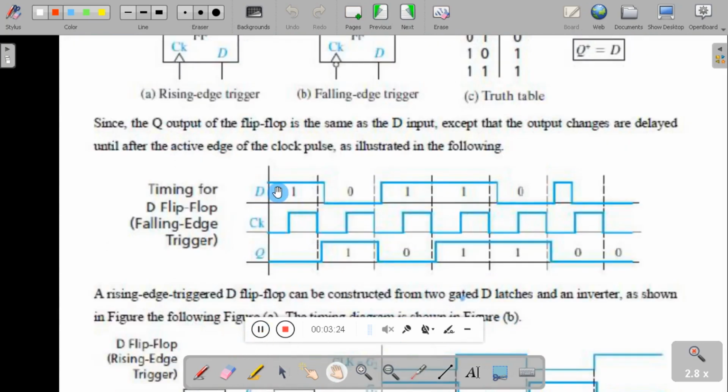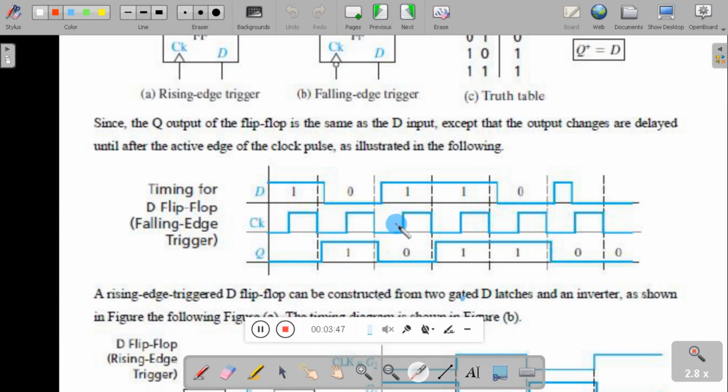So student, this is the timing diagram for the D flip-flop for the falling edge trigger, that is negative edge trigger. Here you can see in the diagram, this is the data input, this is the clock input, and this is the output. The output changes during the negative edge of the clock. Suppose this is the clock signal.